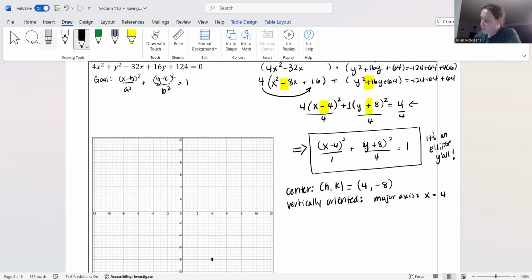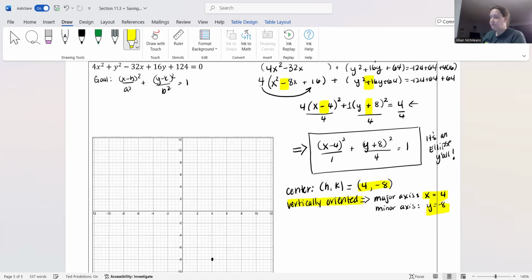Let me change this to an arrow so I don't get weird marks here. All right, and then my minor axis is always going to run perpendicular to the major axis. Since my major axis is vertical, my minor axis is horizontal, and it's also going to go through the center, so it's going to be y equals negative 8. So we got a lot of information already, okay?